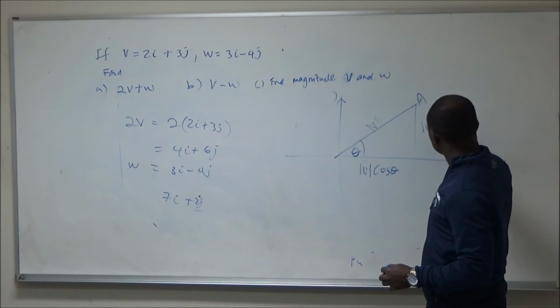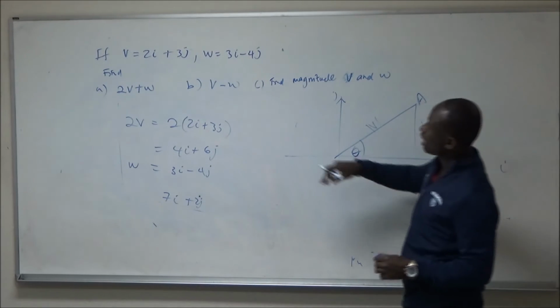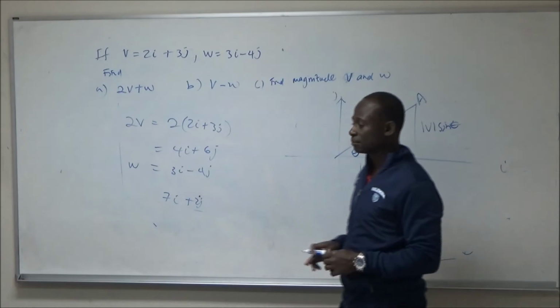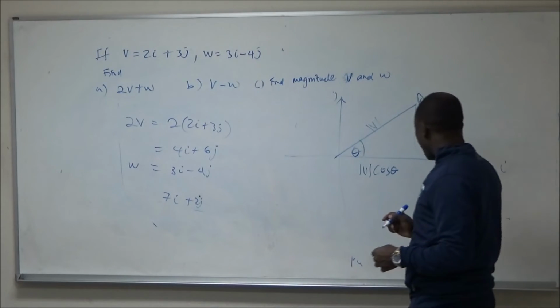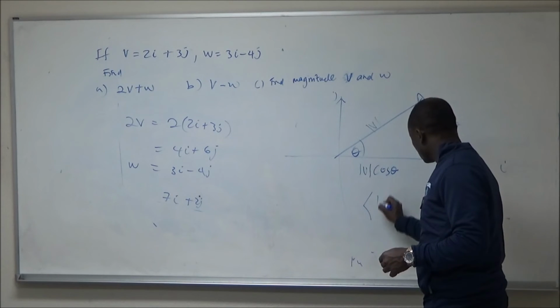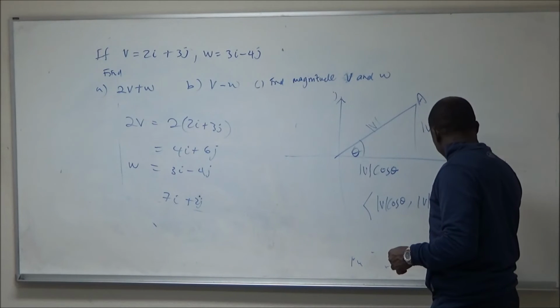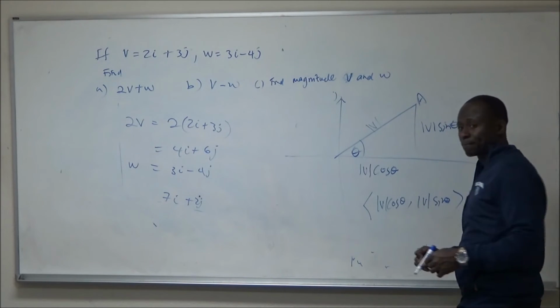V magnitude sine of what? Theta. So instead of writing it as I and J, I could do, if I'm doing it like this, magnitude V cosine of theta, comma, magnitude V sine of theta. Are you with me?